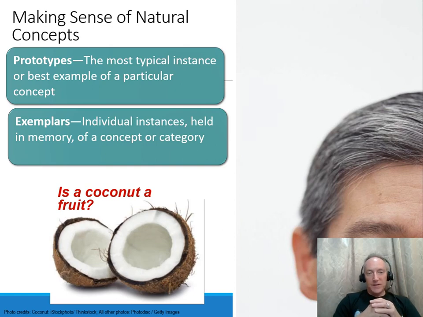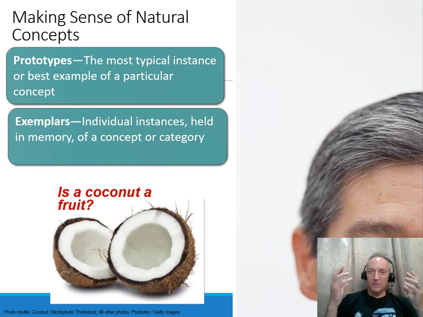Now we're going to revisit the idea of prototypes shortly when we get to problem solving and decision making using heuristics. There's a type of heuristic, which we're going to learn is a mental shortcut that we use, that relies on the prototype.